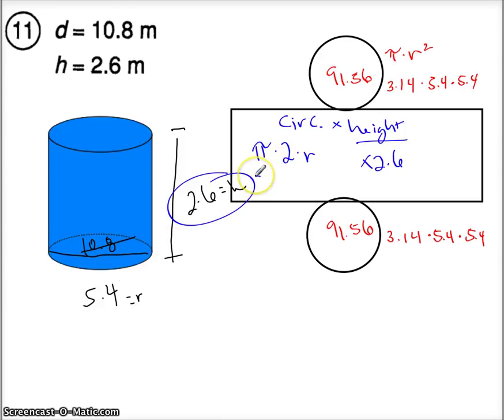So 3.14 times 2 times the radius, which is 5.4, and then times the height, which is times 2.6. Get rid of this part, it's confusing. There you go. This is my height, 2.6. Circumference is all of this.